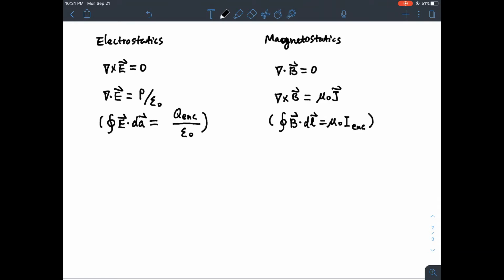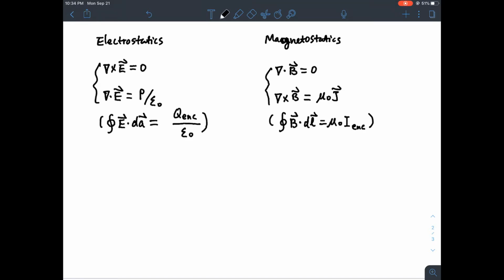So you can see that they are pretty symmetric for electrostatics and magnetostatics.